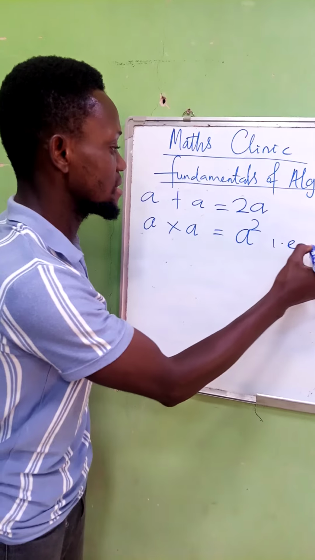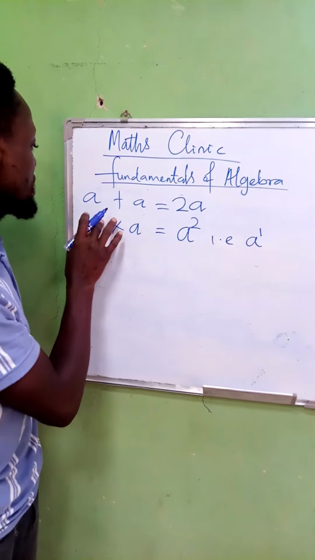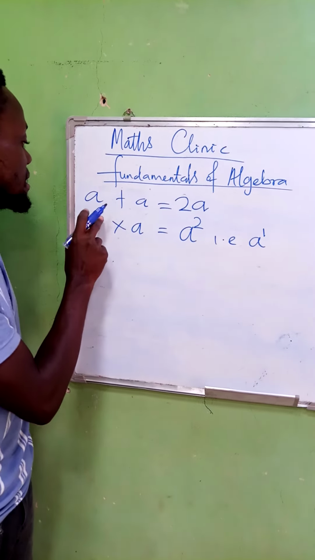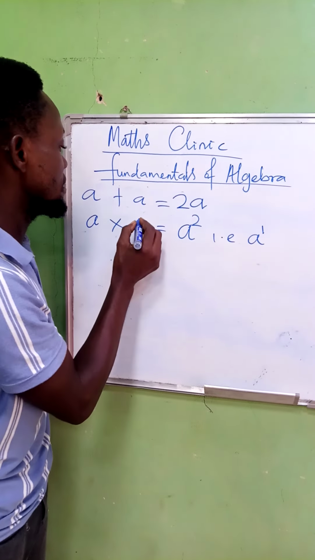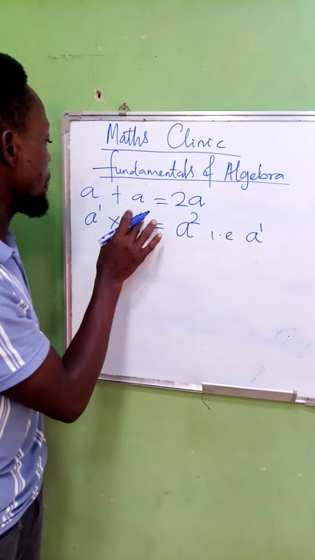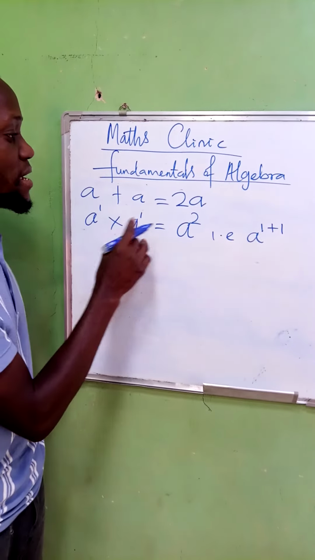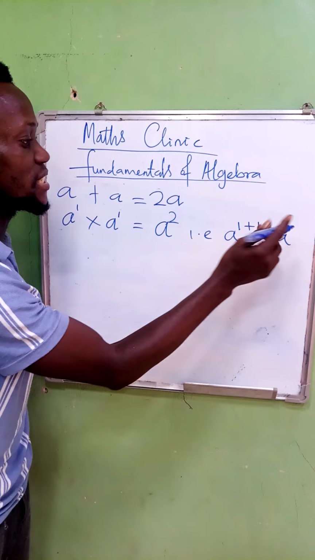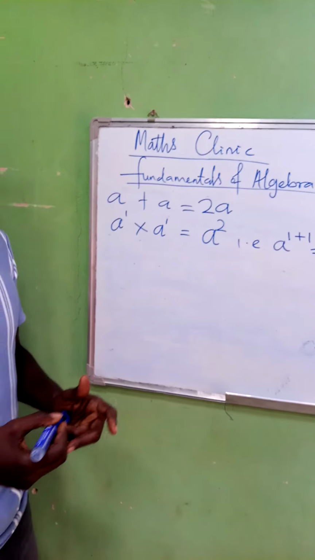This is a raised to power 1, and this is another a raised to power 1. Now, the power of a will be added to the other power of a, giving you what? A to the power 1 plus 1 gives us 2. That is a squared. Okay?